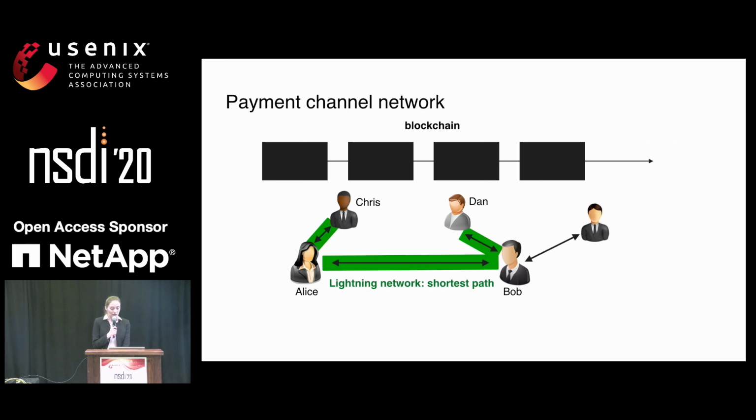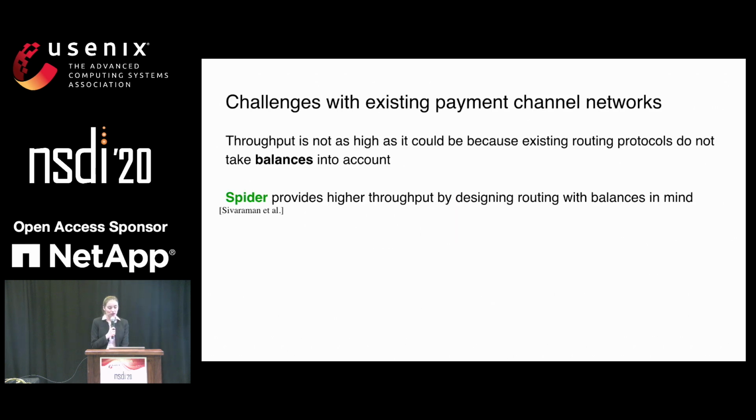So this gets us to the problem that Spider is trying to solve: this routing is not necessarily the best. It still affects the throughput, right? The throughput could be much higher if, for example, the routing took balances into account. For example, there are issues with transactions with a high amount, a high budget. If those get routed over links that don't have that much budget left, then they fail.